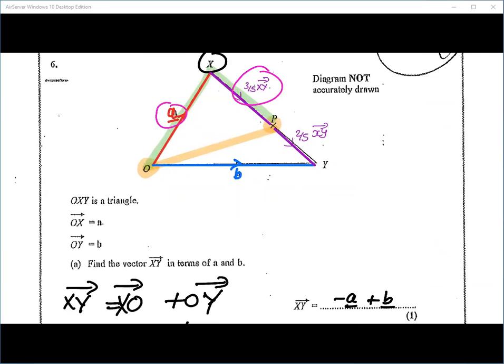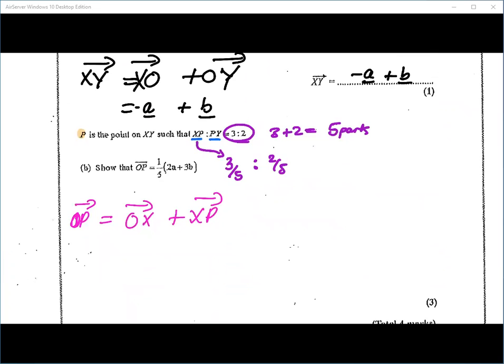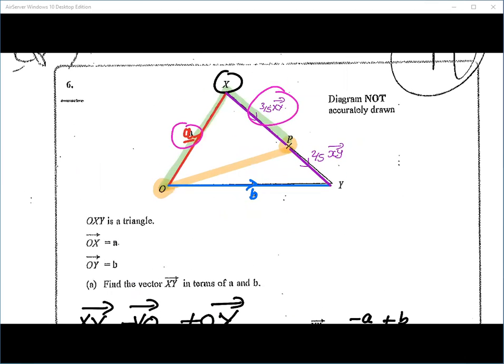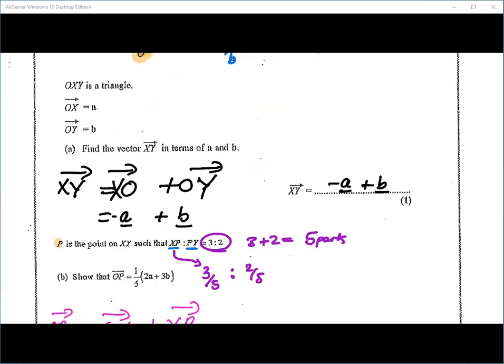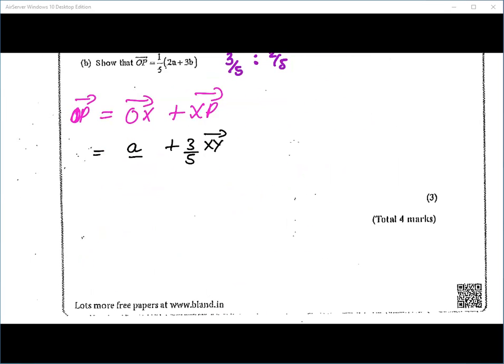Okay, now let's put the maths into it. The first part is going to be A, since O to X equals A, and X to P equals 3/5 multiplied by (minus A plus B). Don't put that in quite yet. Write it in the original format, 3/5 of XY. Then put it in the next line.